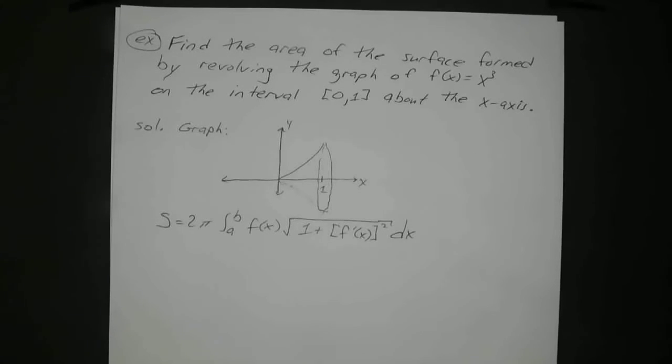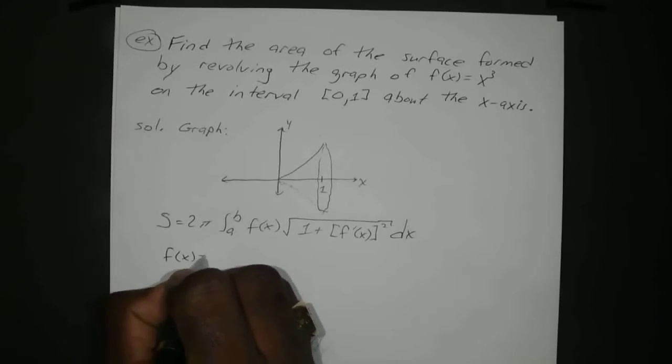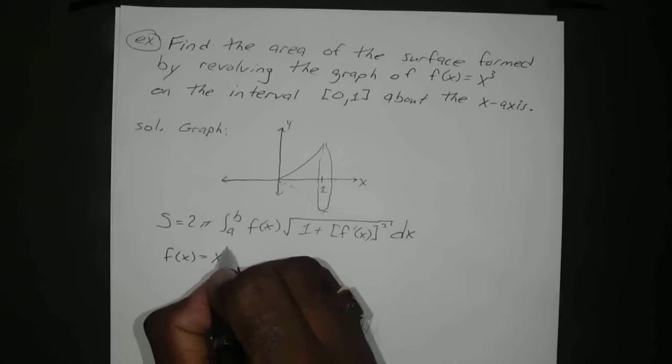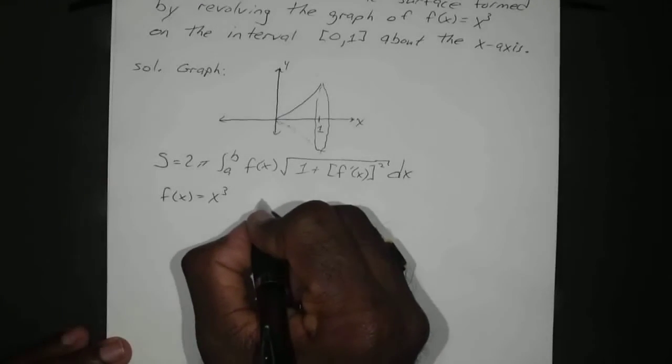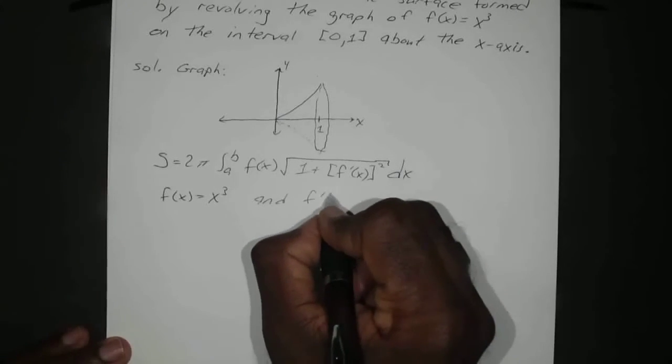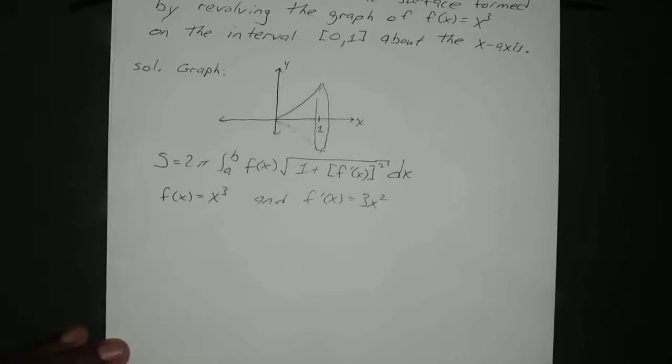So we're going to need our f of x and our f prime of x, just like before. So you know the f of x is equal to x to the third, and f prime of x equals 3x squared. Okay, so now we just plug everything in.